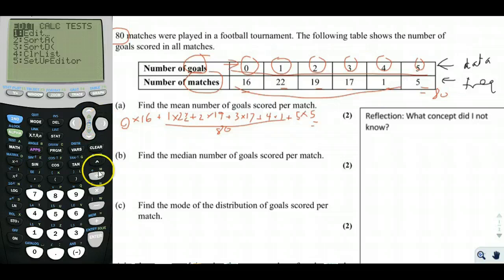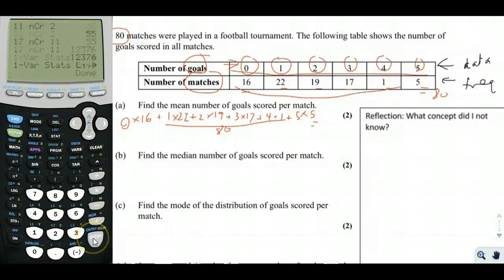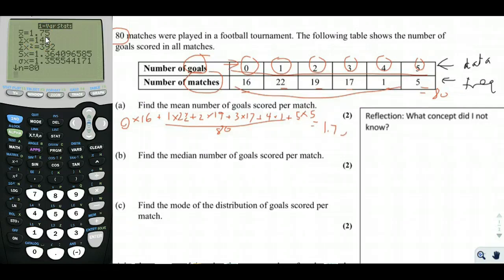Then stat calc 1 var stats, list, and we're going to put in list 1 for the list, which is the data, and then we'll put L2 for the frequency, and then we hit calculate. It gives us x bar, which is the mean, so the mean is 1.75.